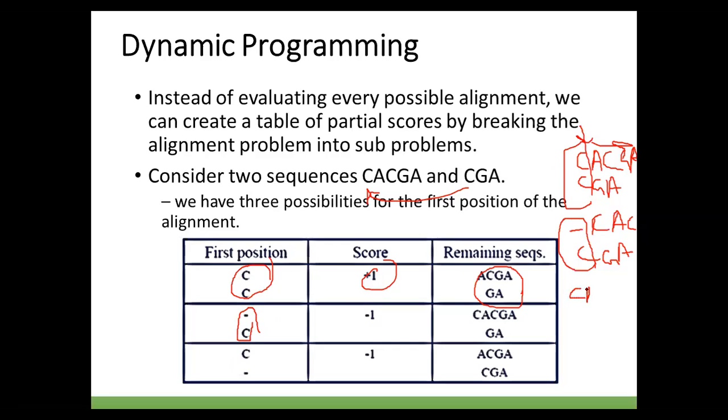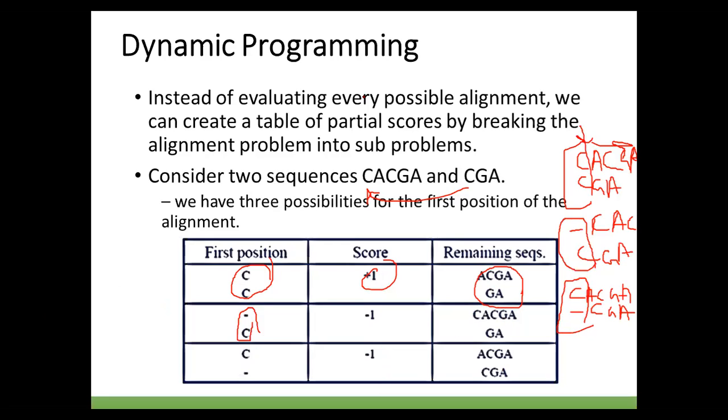So at the first position, there are three main possibilities and three scores, and these are the remaining sequences.